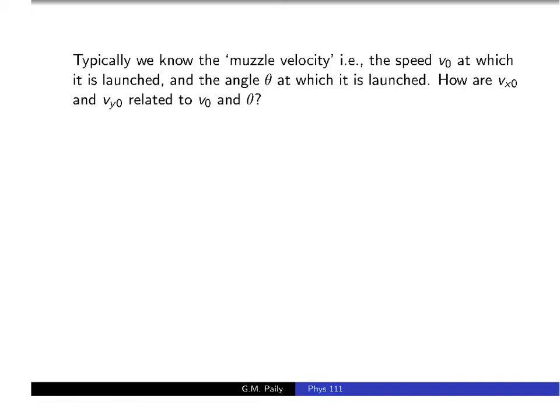Typically, in these problems, we are given the muzzle velocity, that is, the speed v0 at which the projectile is launched, and the angle theta at which it is launched. How do we calculate Vx0 and Vy0 from V0 and theta? Drawing a simple diagram, we see that we can use trig functions to get the components of V0.